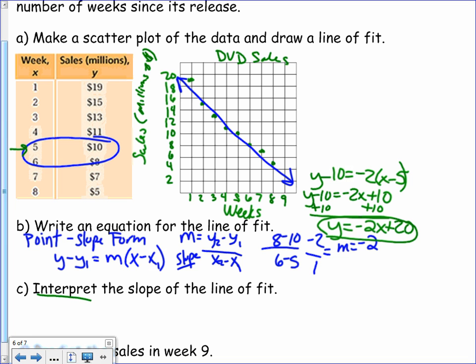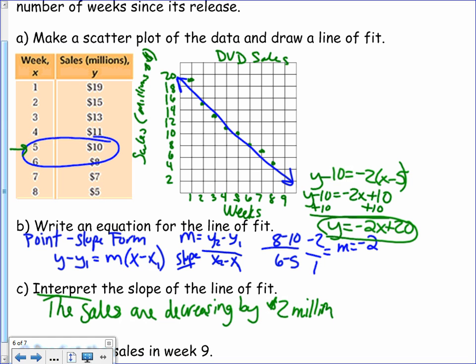So the sales are decreasing by $2 million each week.